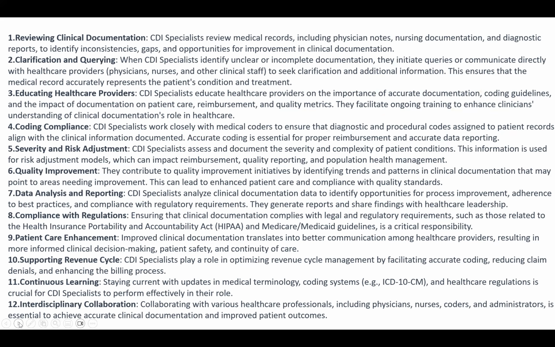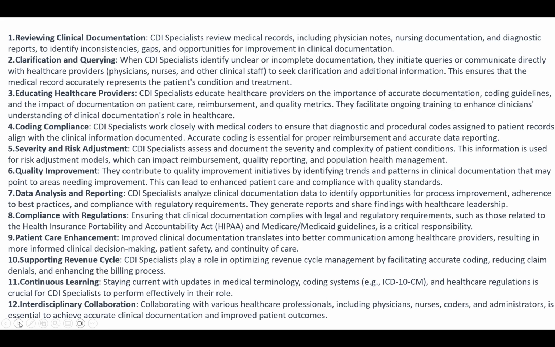So let's take a look at some of the key elements here. Reviewing clinical documentation: CDI specialists review medical records, including physician's notes, nursing documentation, diagnostic reports, to identify inconsistencies, gaps, and opportunities for improvement in the clinical documentation.